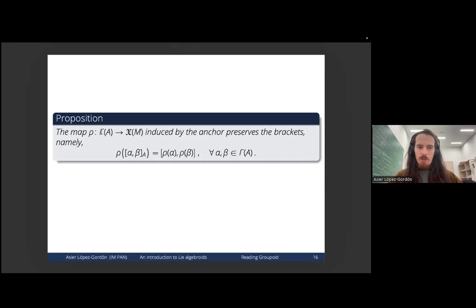So from sections of the algebroid to sections of the tangent bundle, that is vector fields. So if we take the Lie bracket of our algebroid and apply the anchor, that's the same as taking the anchors of the two sections and applying the usual Lie bracket of vector fields.